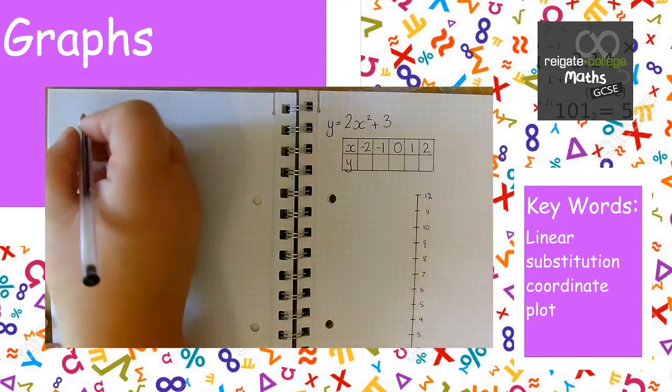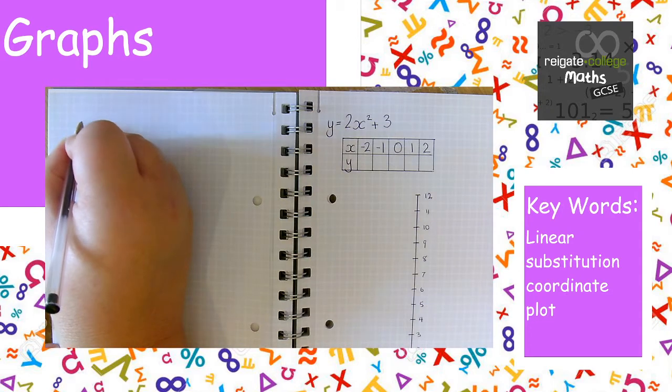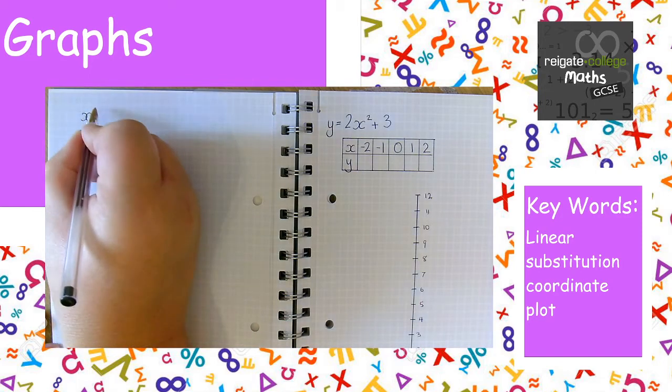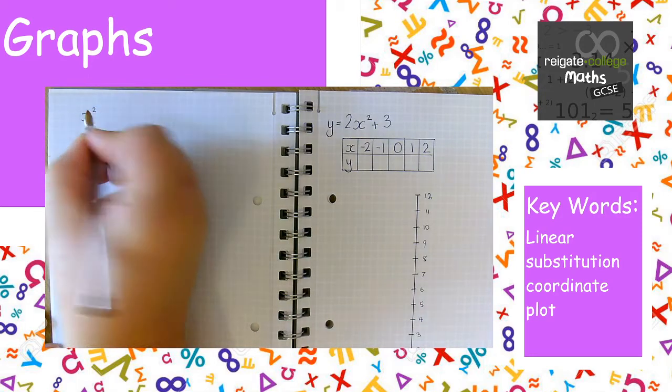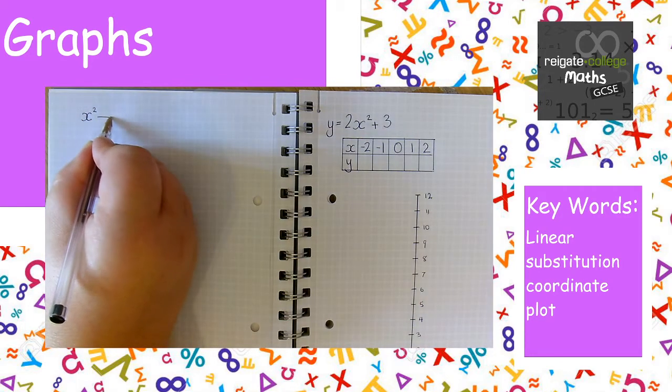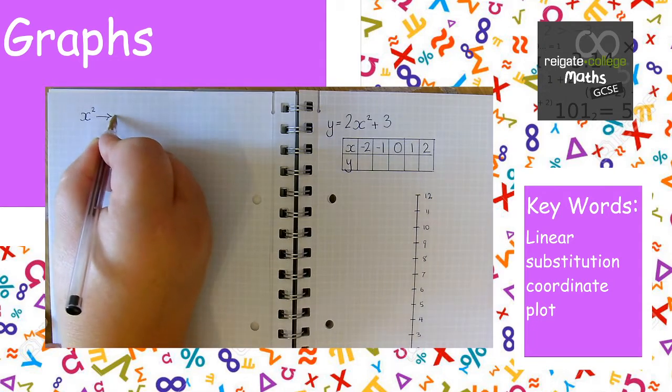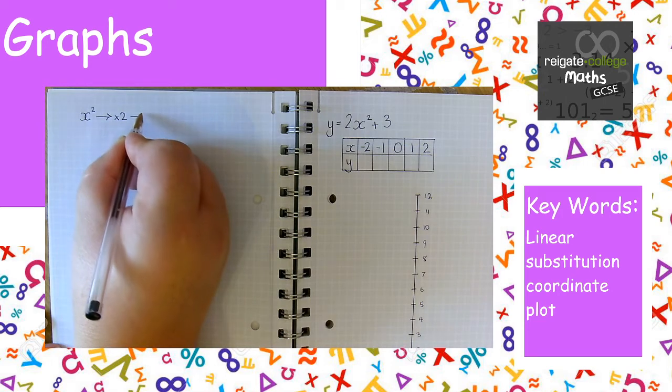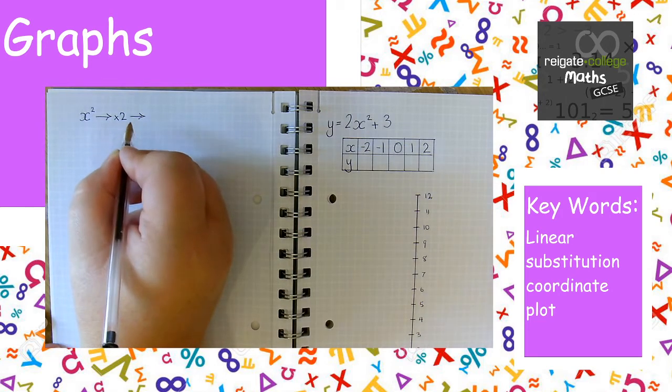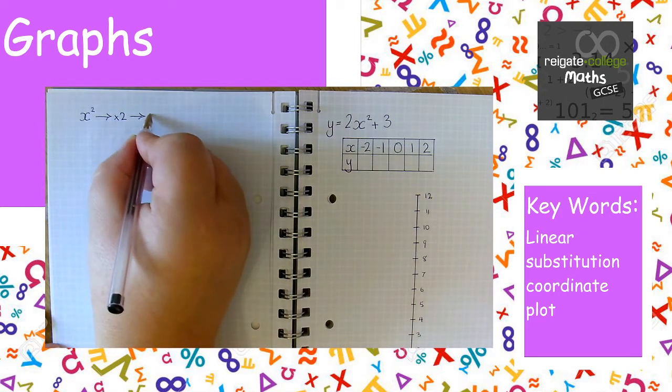First of all, here is the flow chart of the calculations I have to do. We start off with our x value and we square it. The next function is to take that answer and multiply it by 2. The last function in this graph is to then add 3.